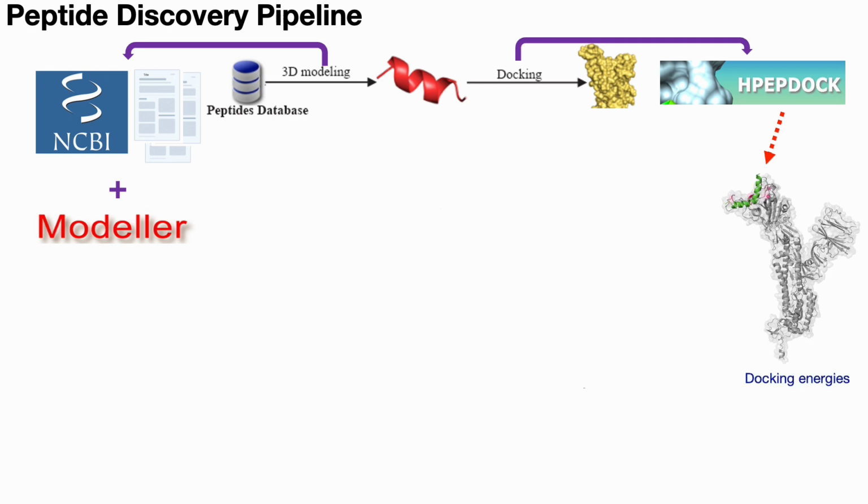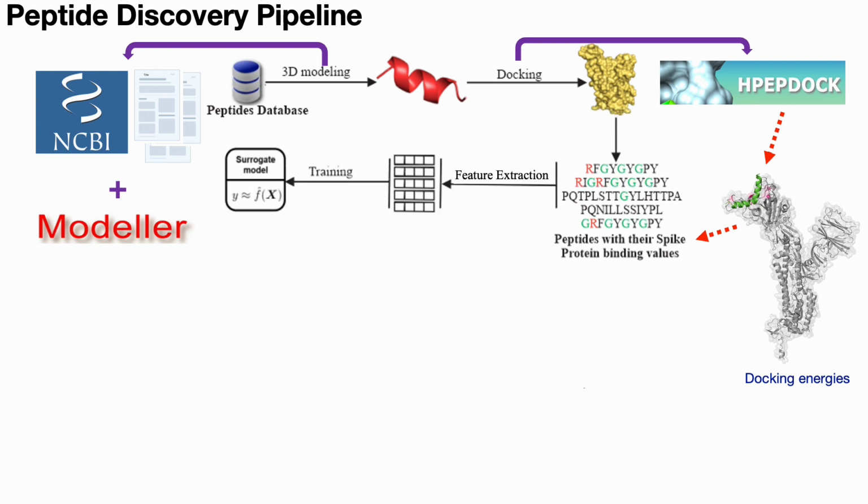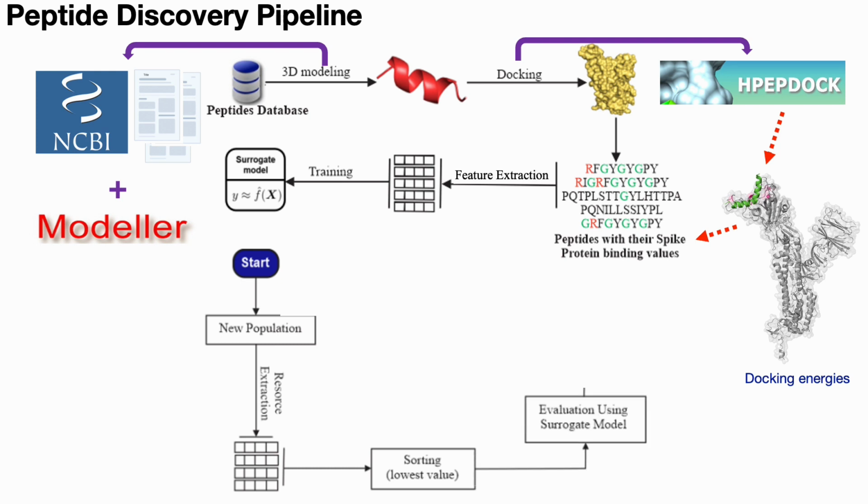After this, we basically collect the docking energies and peptide features for developing a training database to build a surrogate model. With this, we start a new population of peptides and use a method for sorting a sequence of peptides.